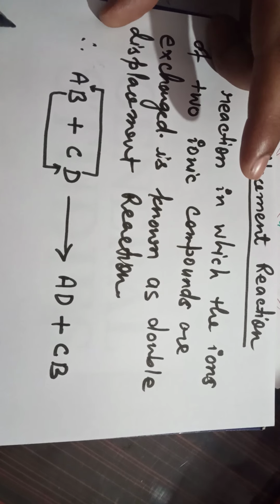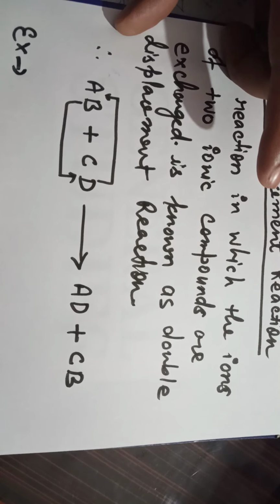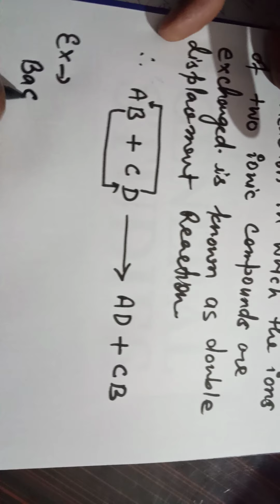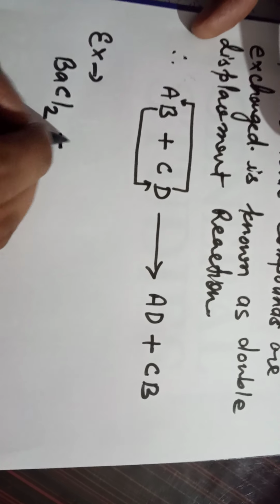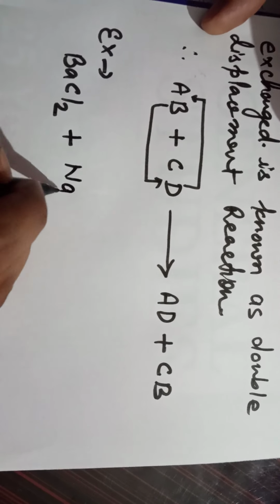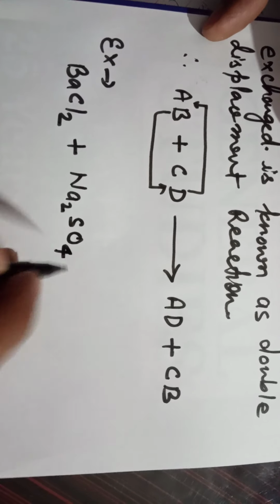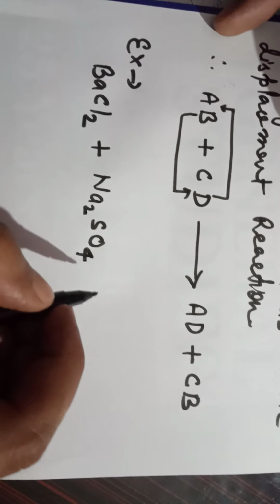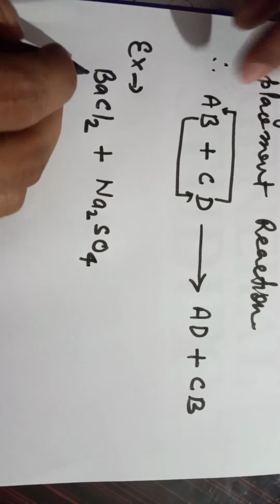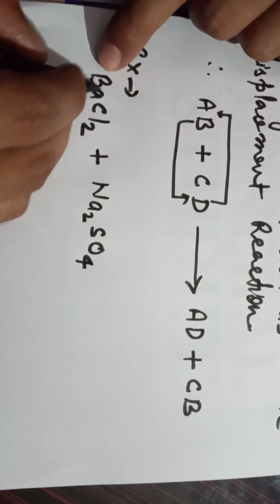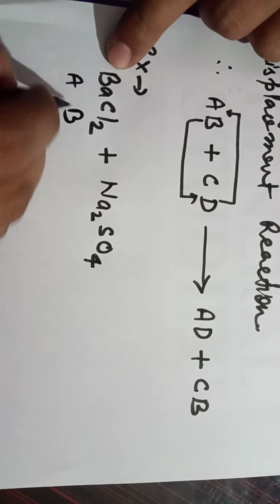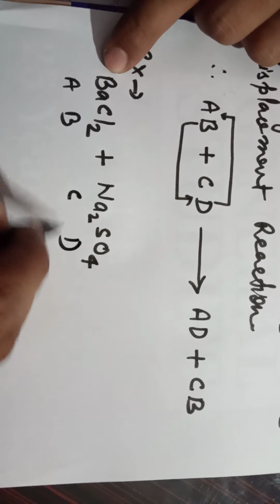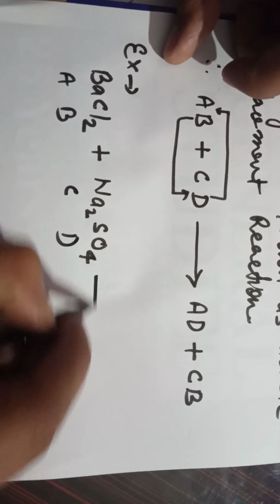Suppose barium chloride, BaCl2, reacts with Na2SO4. So what happens? This is A and this is B. This is C and this is D. In the same way this will happen.